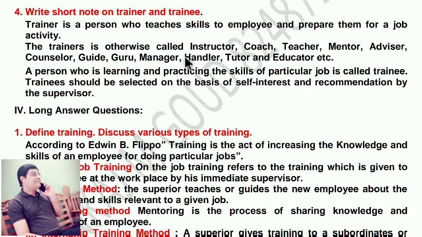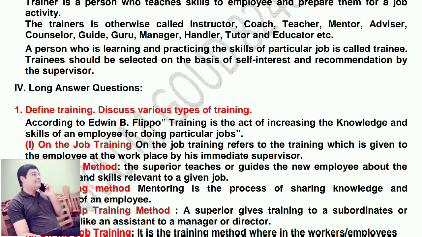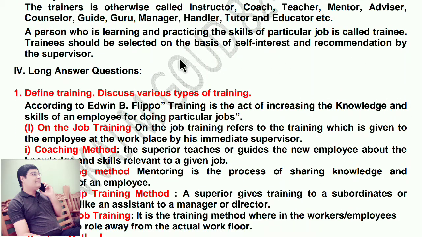The trainer is otherwise called instructor, coach, teacher, mentor, advisor, counselor, guide, guru, manager, handler, tutor, and educator, etc. So the trainer means a teacher or a coach who will give correct guidance to the trainee. Now, next, a person who is learning and practicing the skill of a particular job is called trainee.